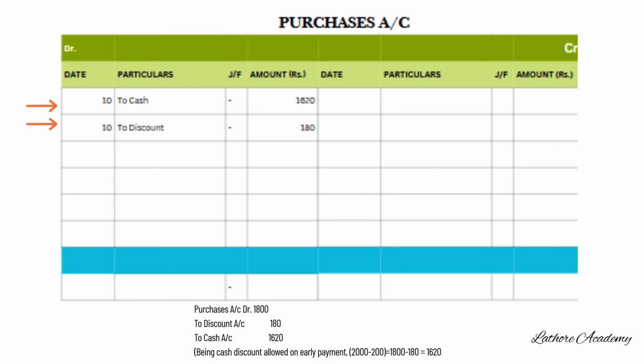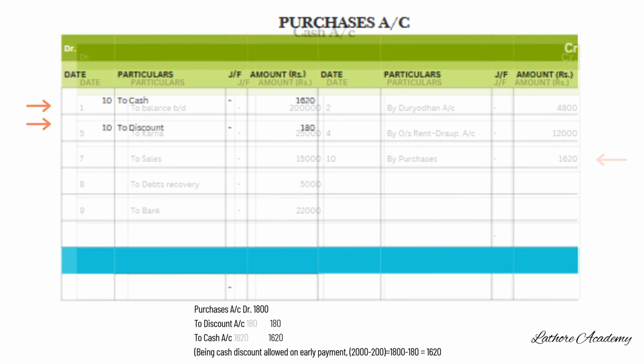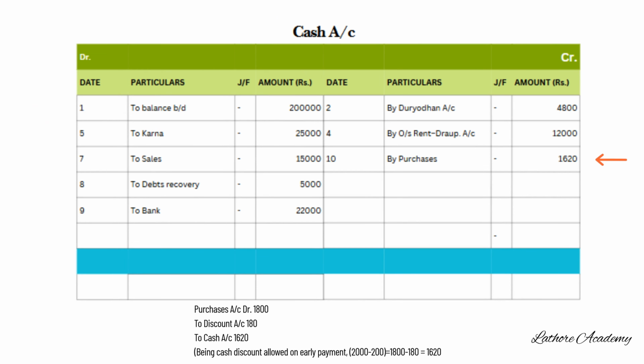So the journal entry in this case will be purchases account debited to cash account and to discount received account. For purchases, we have to consider the net amount 1800, whereas discount account should be credited with 180 rupees, and cash going from the books of accounts is 1620.